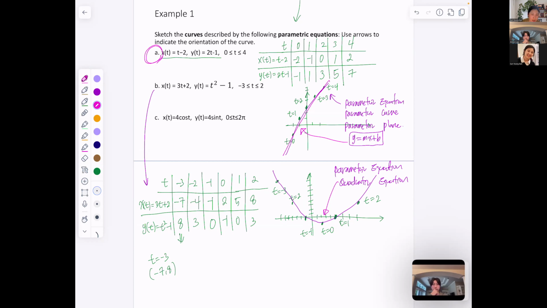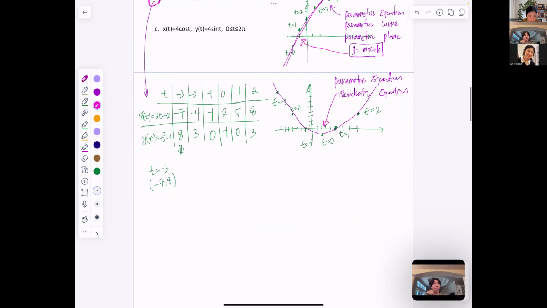We just know the y equal to mx plus b form. Same thing with B: we found out from the graph that it's a quadratic equation, but I didn't find out exactly what it is, right? So let's take a look at it more and more. Just think about the concept of what the parametric equation looks like. I'm going to skip this one for now and go down a little bit.